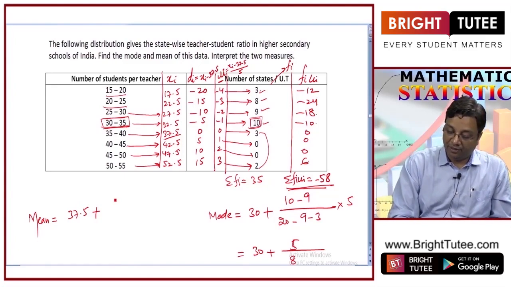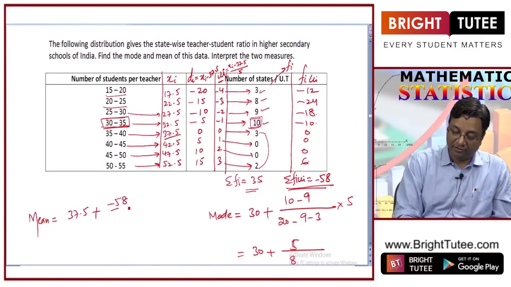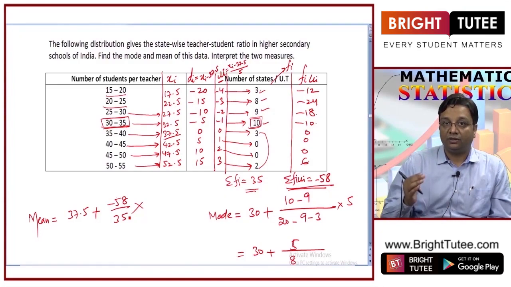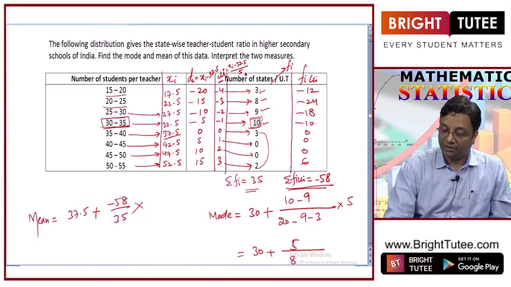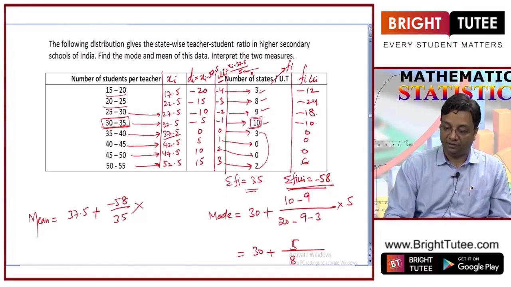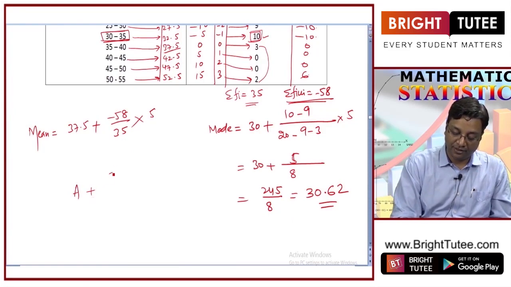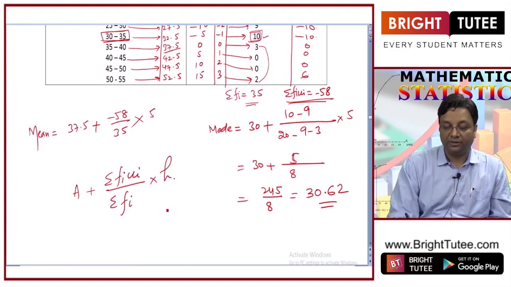and then we will apply sigma fi ui divided by sigma fi, that is minus 58 divided by 35, and we will multiply it with what we divided it with, right. So, 5. You remember the formula? It was assumed mean plus sigma fi ui divided by sigma fi into h, right.